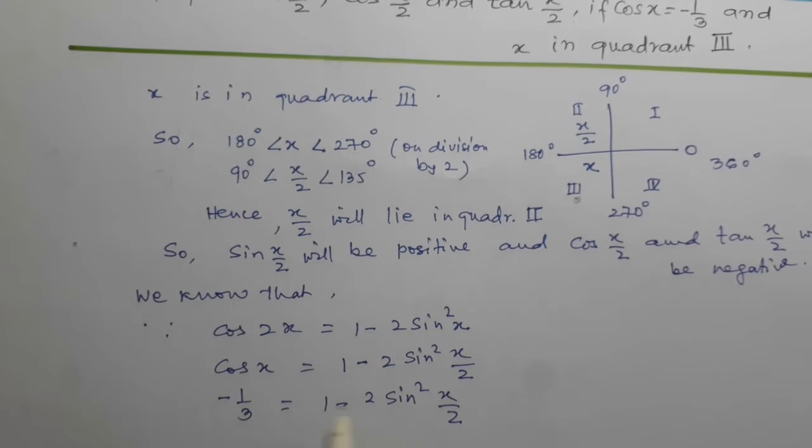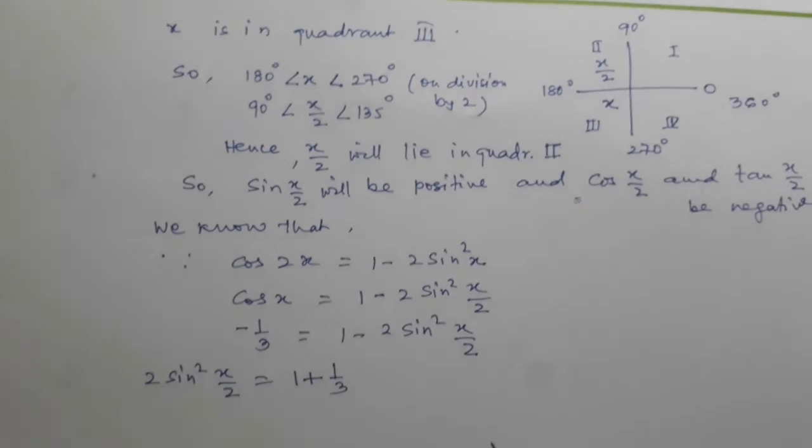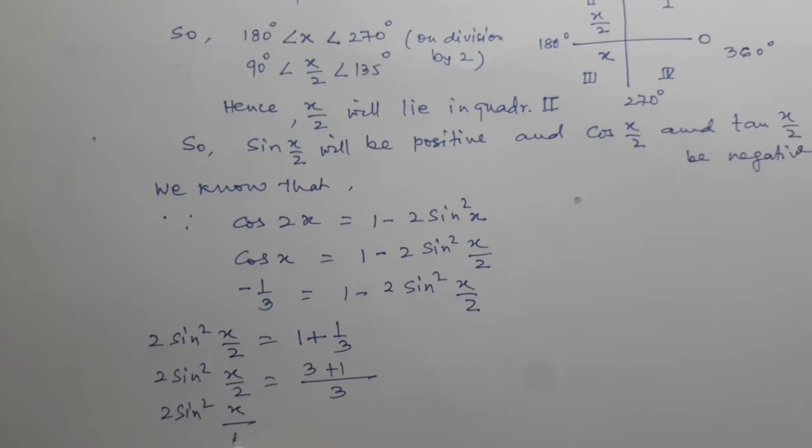So we shall put this on this side, so this is minus, it will be plus 2 sine square x by 2 equal to 1, and this minus 1 by 3 will be positive here, 1 by 3. 2 sine square x by 2 will be, 3 as LCM, so 4 by 3.